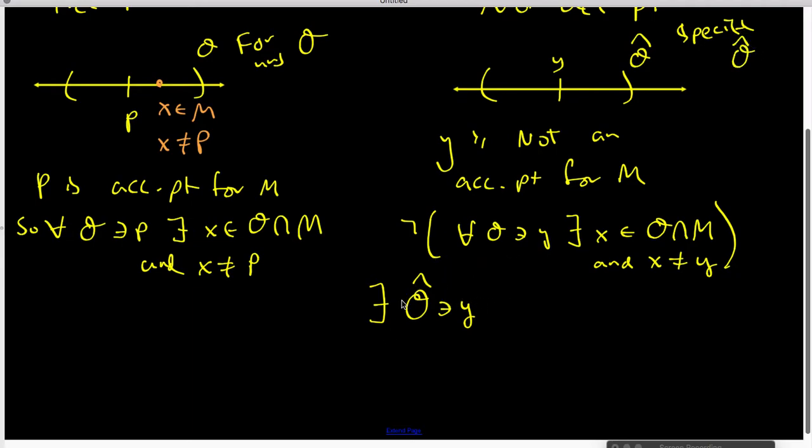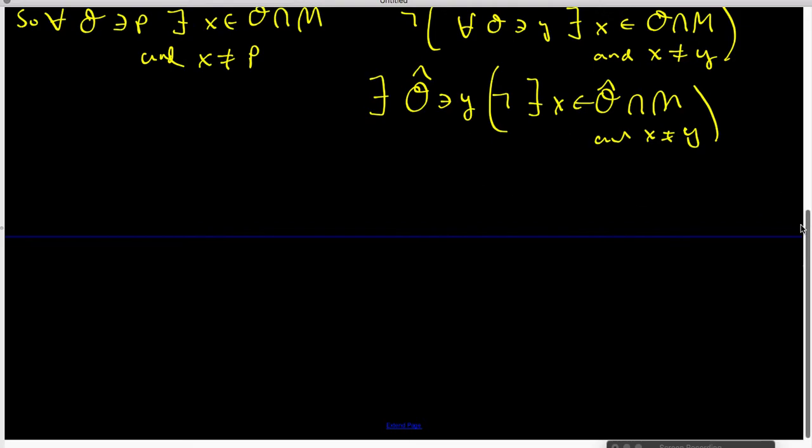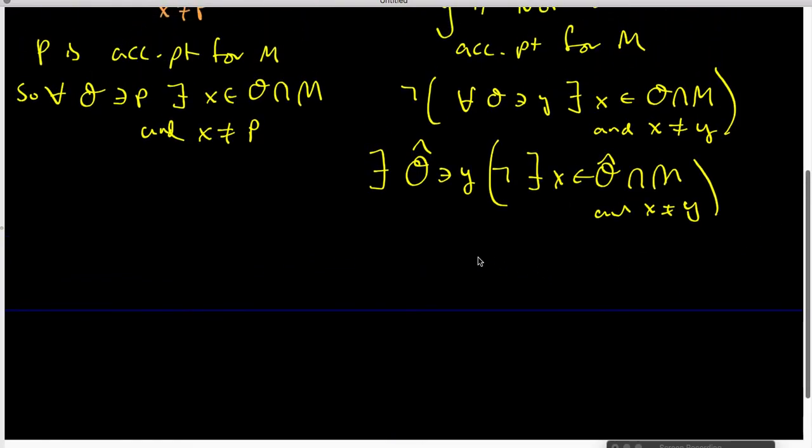And then the rest of this negation is going to be, for this, we have to negate the statement, there exists an X inside our open interval intersected with the set M, and X is not equal to Y.